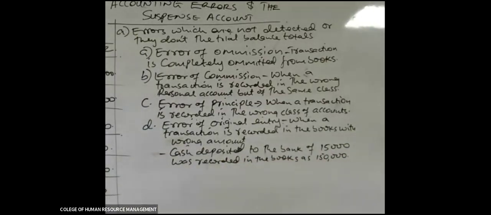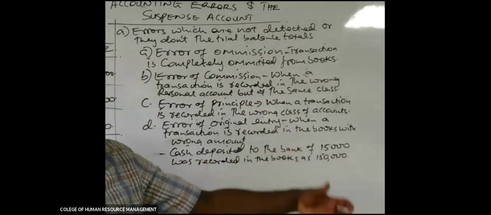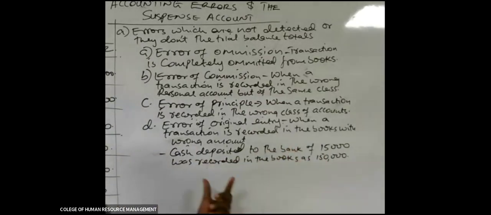We took cash to the bank, 15,000. But when recording it in our books, instead of using 15,000, we used 150,000. 150,000 was used in recording in the cash account and in the bank account.